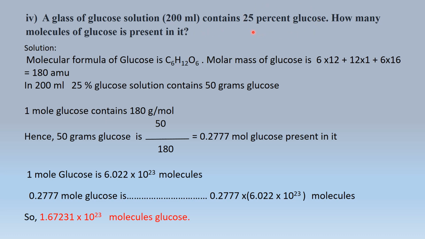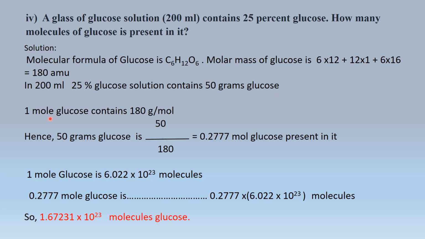You are to determine how many molecules of glucose are present in it, not moles, molecules. The formula is C6H12O6 and its formula mass is 6 into 12, 12 into 1 plus 6 into 16, making 180 atomic mass. 200 ml of 25% glucose means 50 gram glucose is present in that glass of solution.